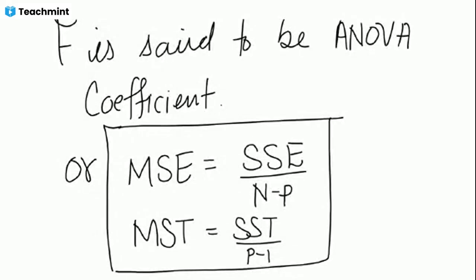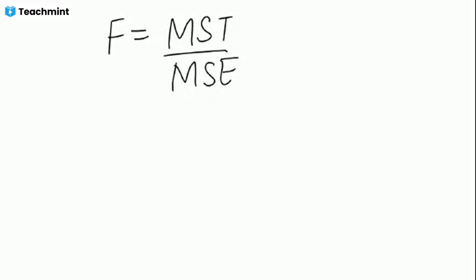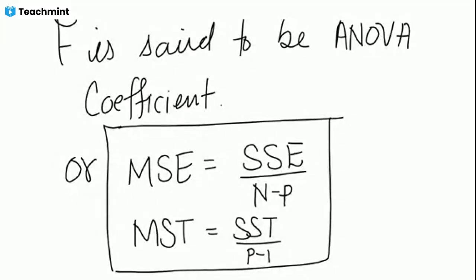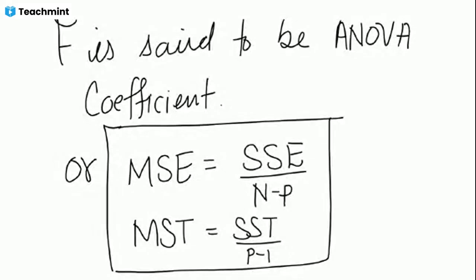Okay, and what are they? Small p and capital N. What are they? Let us understand. And this SSE, how can we find this SSE? I'm writing here.